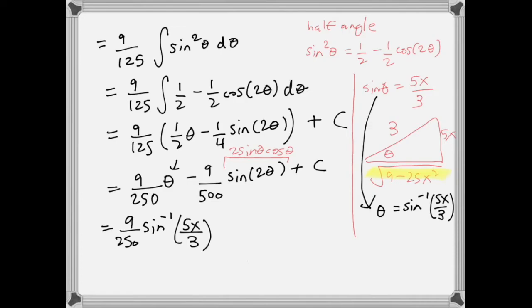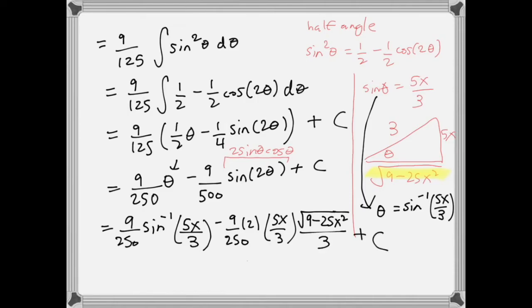So I'm going to write the answer like this, and I'll do the simplifying in the next step. So I have 2, and then sine theta, that's 5x over 3. And then cosine theta, what would cosine be? Look at the triangle. It's the square root of 9 minus 25x squared over 3, and then plus c.